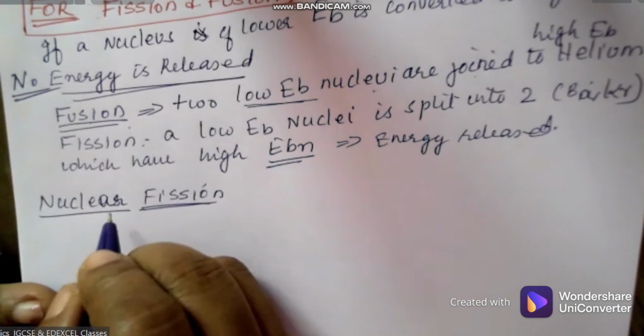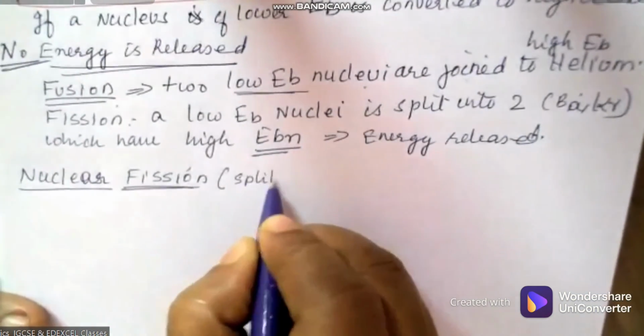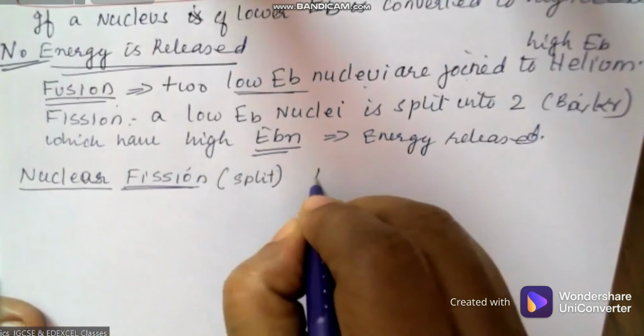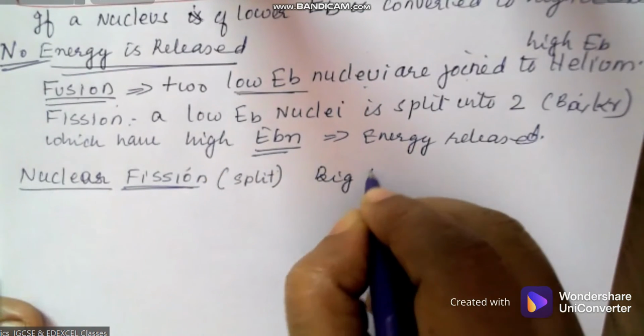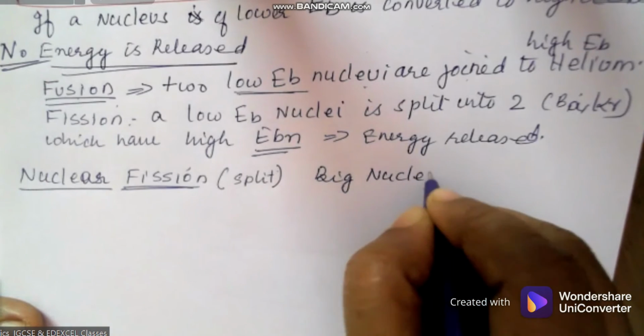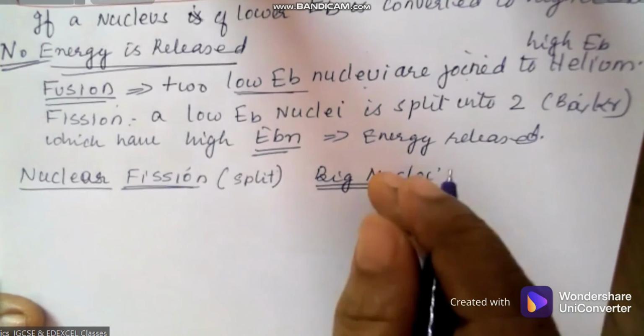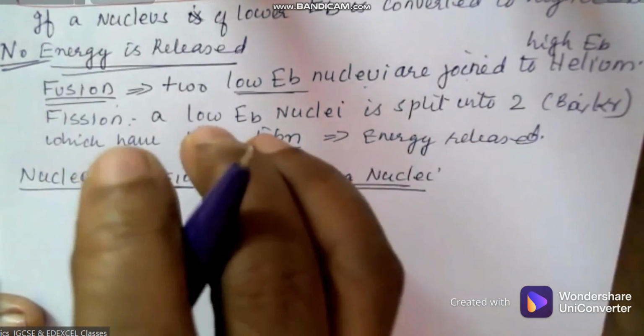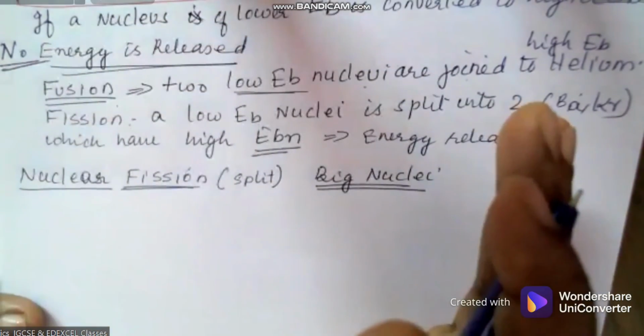Okay, nuclear fission. Fission means splitting, and bigger elements, big nuclei, are easy to split. That's a clue. Big nuclei you split, you will get two smaller ones which have high binding energy. So what is nuclear fission?